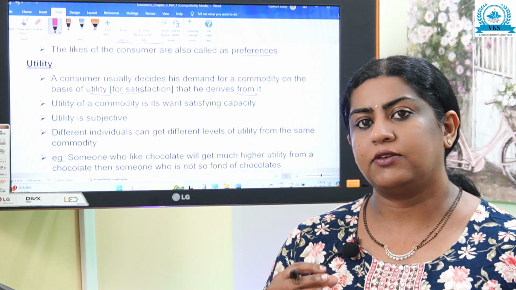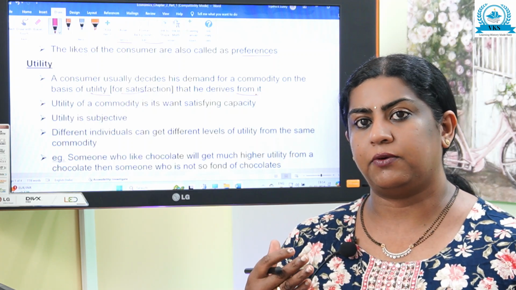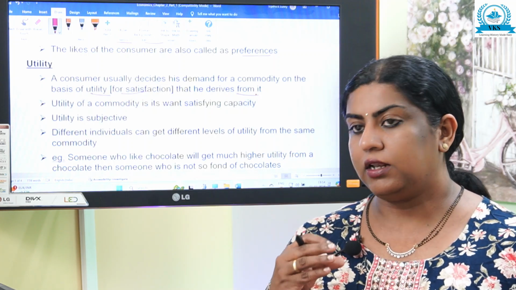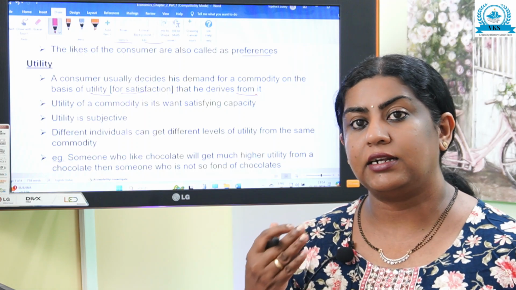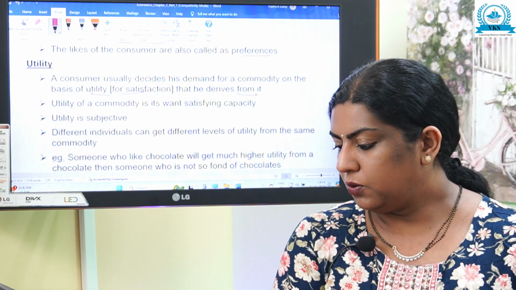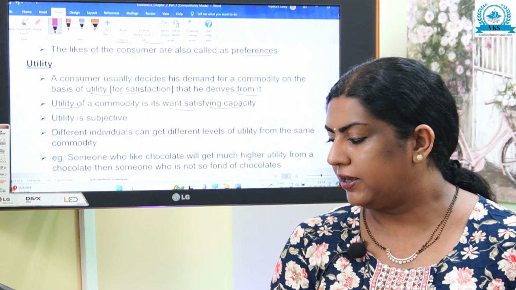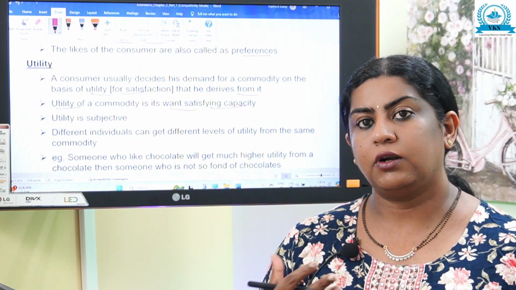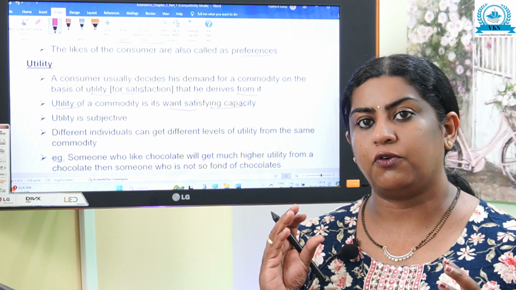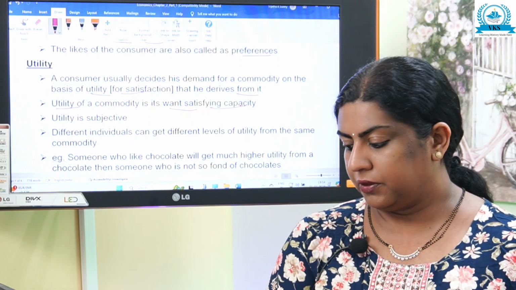So the utility of a commodity is its want satisfying capacity. The want satisfying capacity of a good or a service is called its utility.